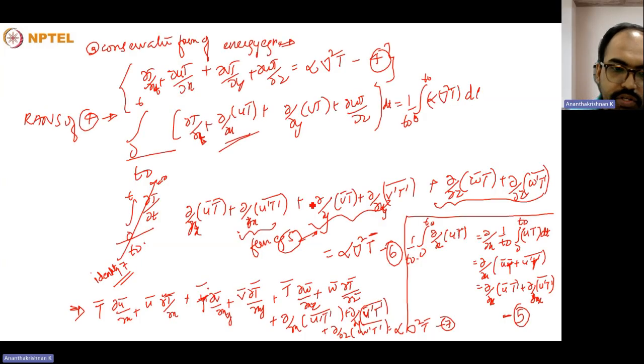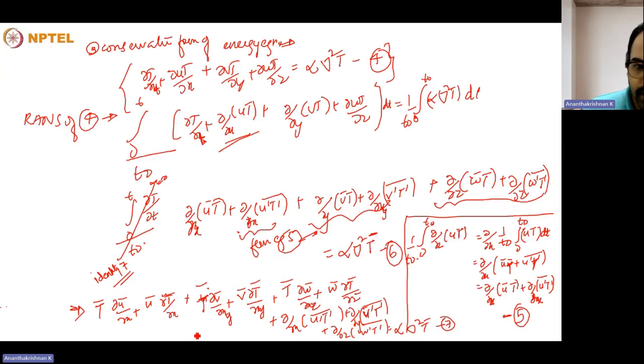So we have the seventh equation and we try to club a few terms together. The first term will be u bar dou t bar by dou x. We club these terms together.